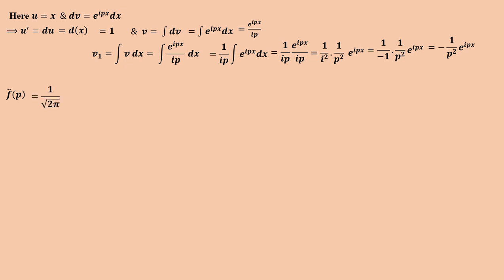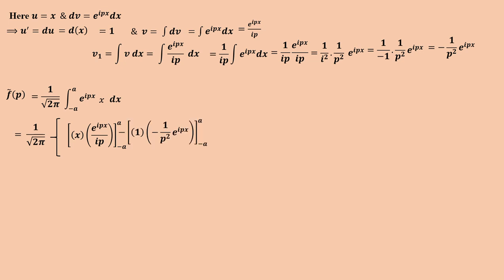Now f bar of p is equal to 1 by root 2 pi integral minus a to plus a e power i p x x dx, which using Bernoulli's formula is 1 by root 2 pi. First uv: x into e power i p x by ip, lower limit minus a, upper limit plus a, minus u dash v1: 1 into minus 1 by p square e power i p x, lower limit minus a, upper limit a.